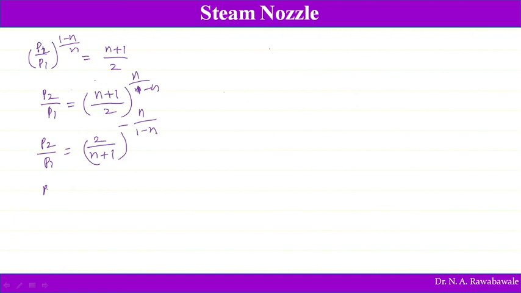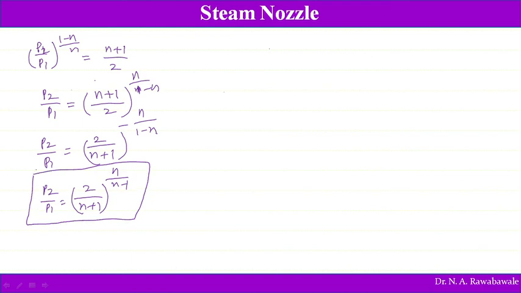So now again P2 divided by P1 is equal to 2 divided by n plus 1. So this minus 1 we multiply to this denominator, n divided by n minus 1. So this can be called the condition for maximum discharge. And generally in the majority of books they have used this term: P2 divided by P1 is equal to 2 divided by n plus 1 to the power of n divided by n minus 1.